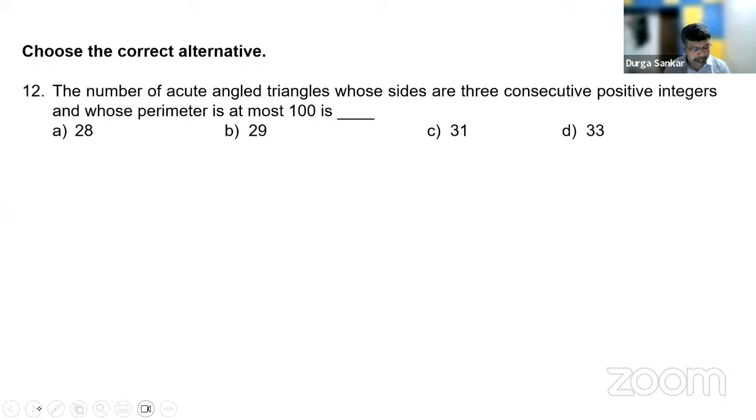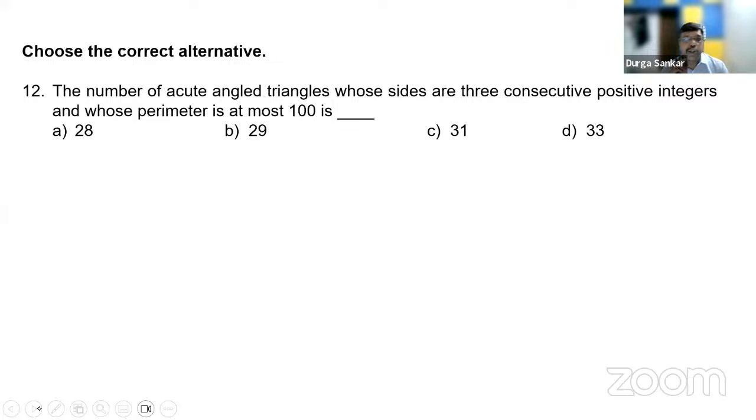The number of acute angled triangles whose sides are 3 consecutive positive integers and whose perimeter is at most 100 is. Yes, I am familiar with the concept of triangles as to what are the properties the sides of a triangle should satisfy.